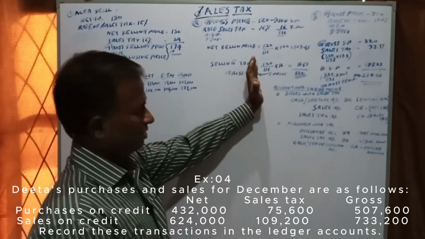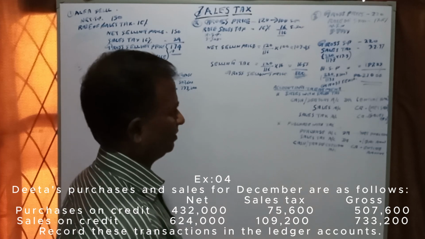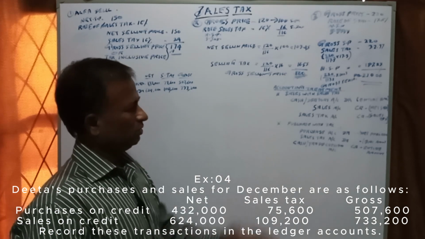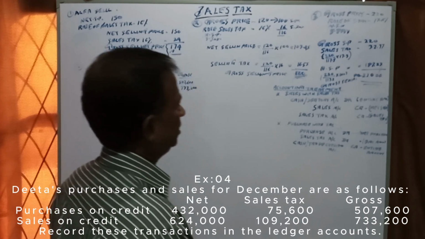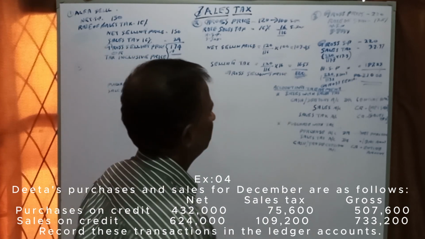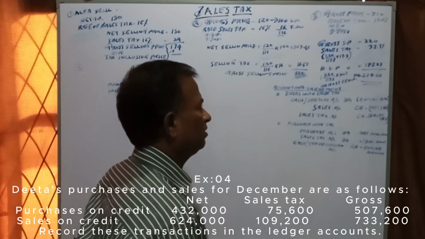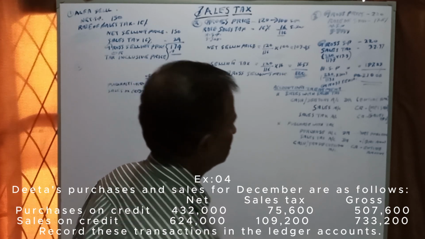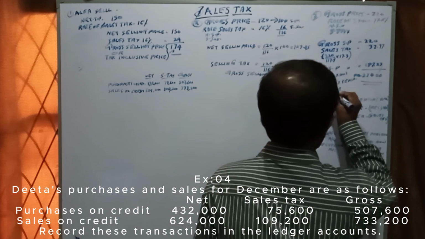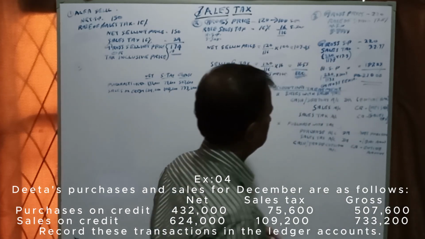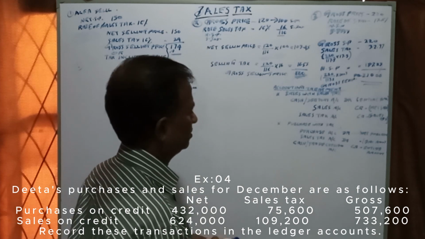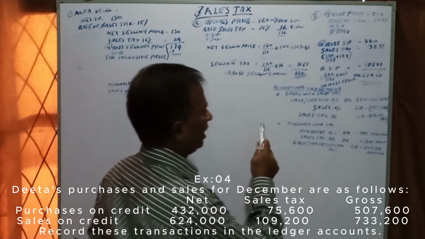This is the accounting treatment, right? If you know this, then it is easy for you. Accounting treatment says sales with sales tax.